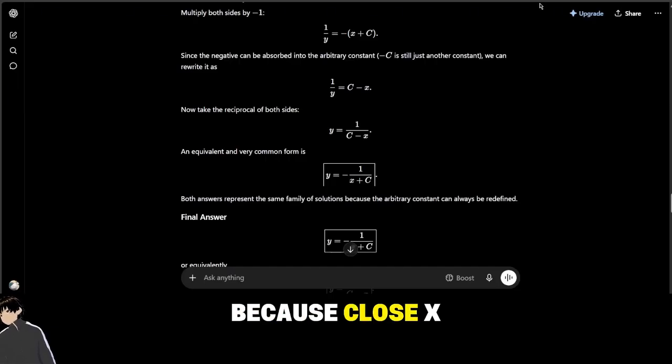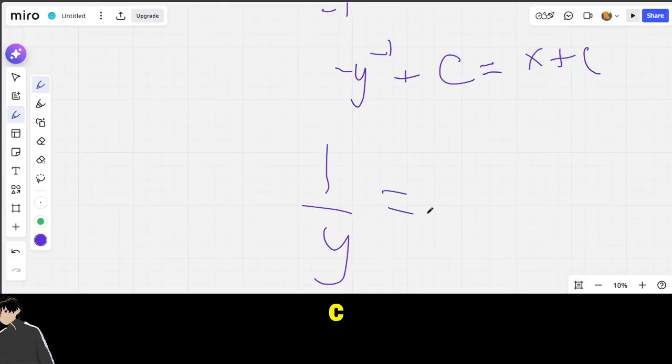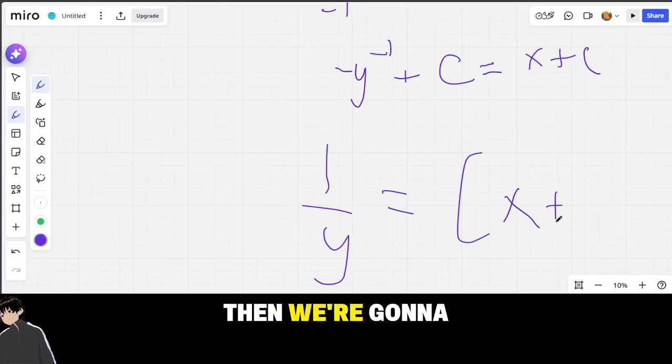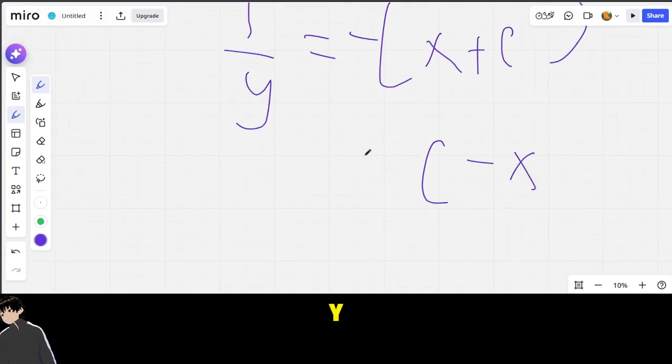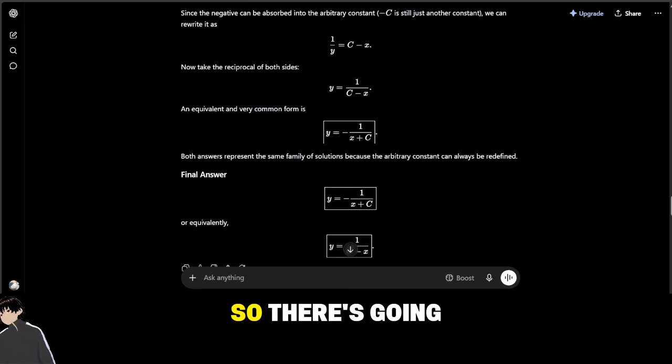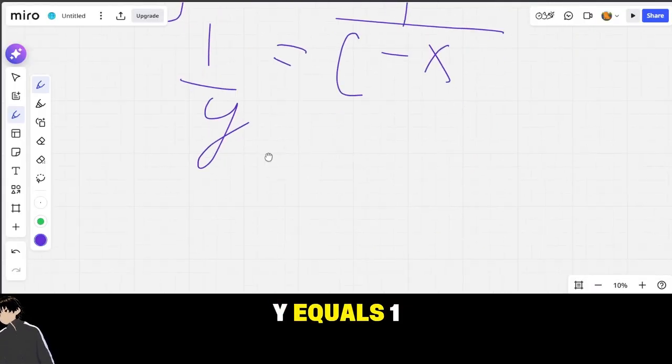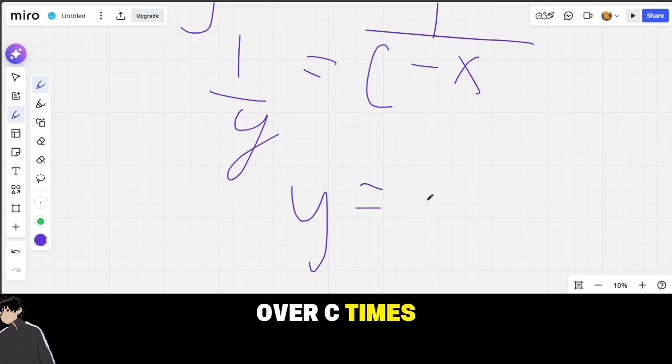Then we're going to have c minus x equals 1 over y. Take the reciprocal, so there's going to be a 1 here. So we have y equals 1 over c minus x.